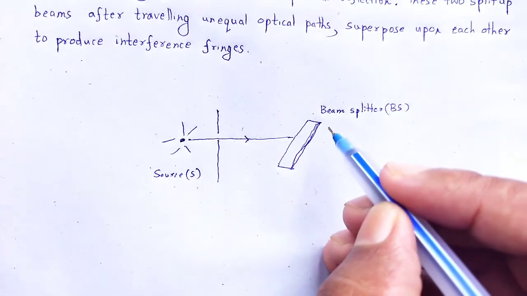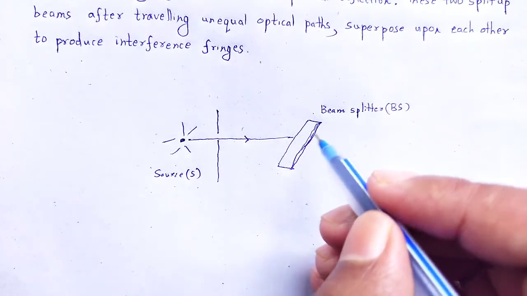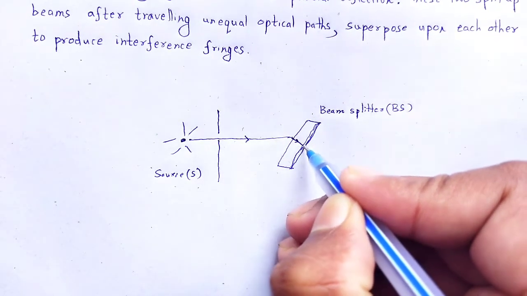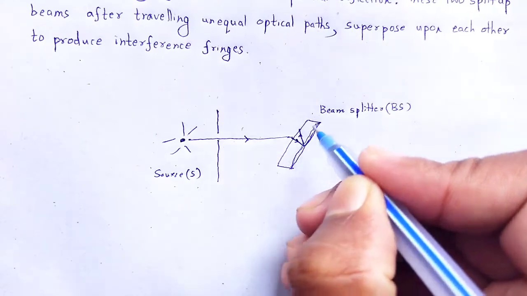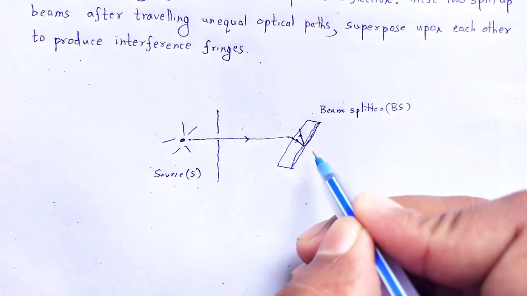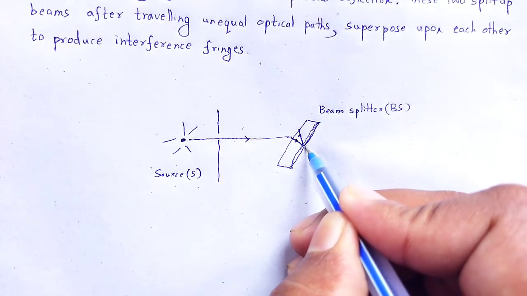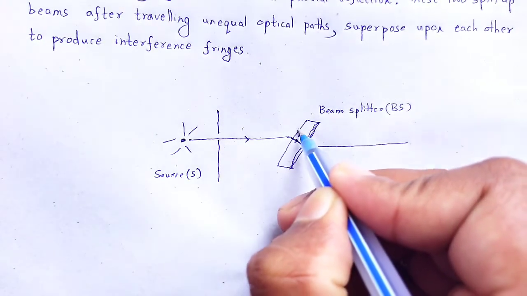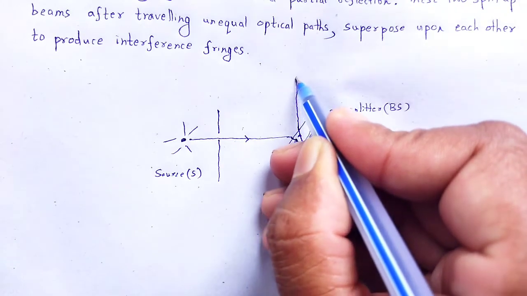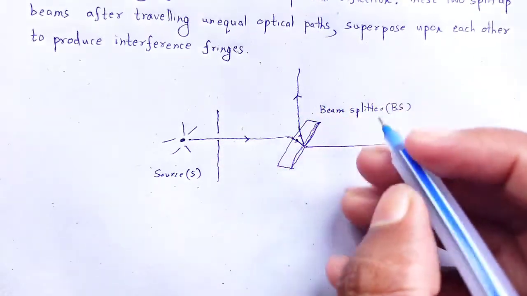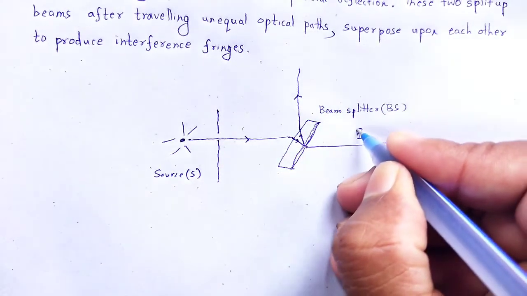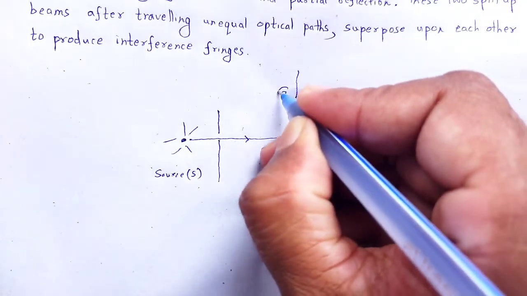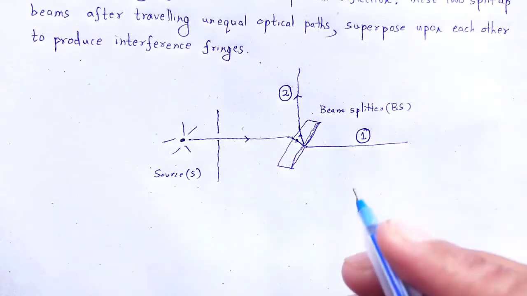Here, with internal reflection, one ray of light travels one way and another ray of light travels another way; they are named light beam 1 and light beam 2.